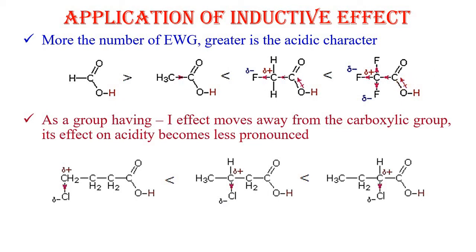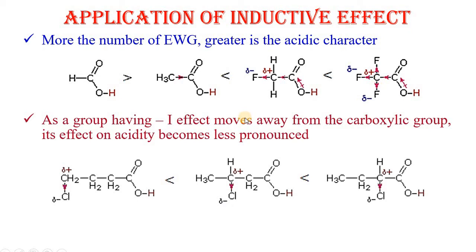-I effect is stronger in trifluoroacetic acid compared to fluoroacetic acid, because in trifluoroacetic acid the -I effect is due to 3 fluorine atoms, while in fluoroacetic acid -I effect is due to only 1 fluorine atom. Therefore trifluoroacetic acid is a stronger acid compared to fluoroacetic acid.